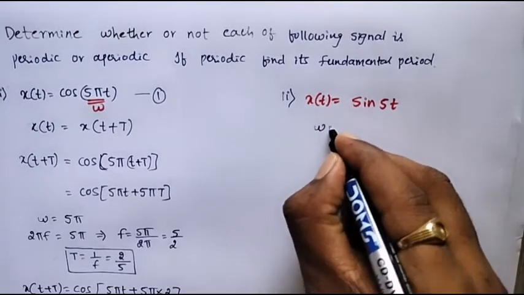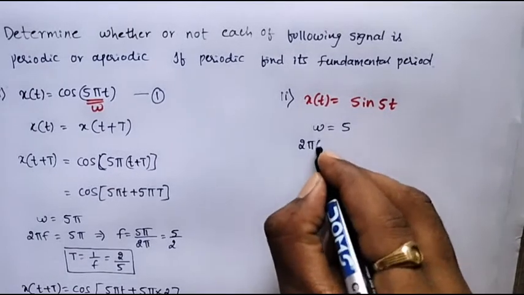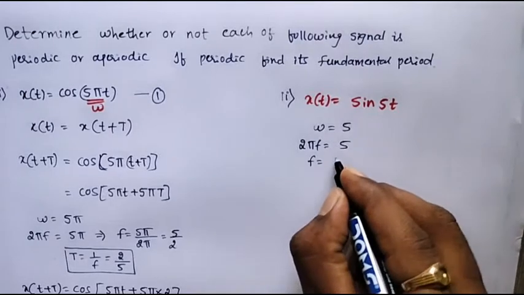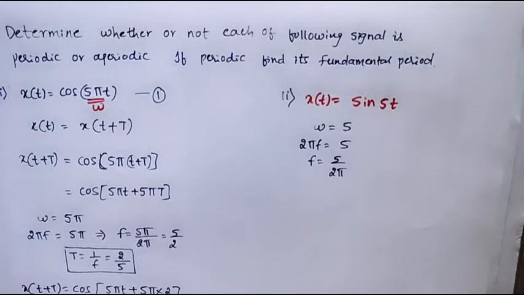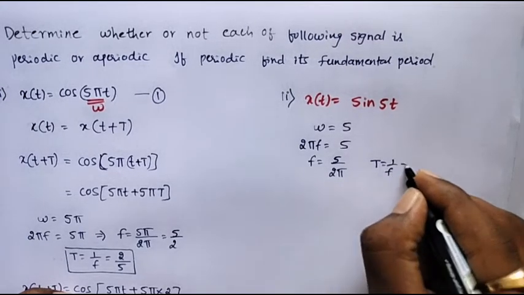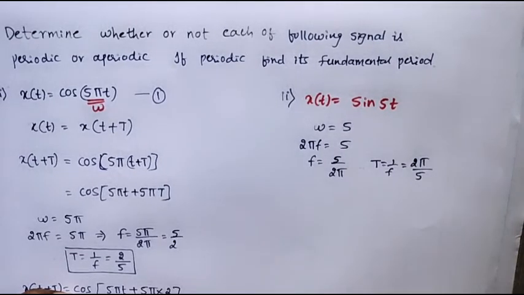Therefore omega is equal to phi u. So omega is nothing but 2 pi f is equal to phi u. Therefore f is equal to phi u by 2 pi, so T is equal to 1 by f is equal to 2 pi divided by phi u.